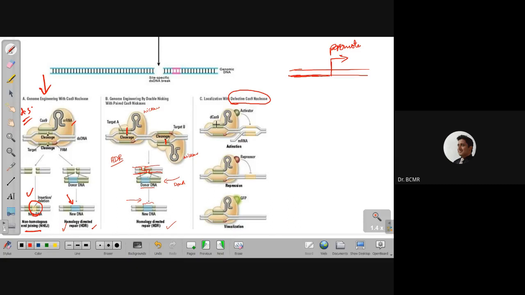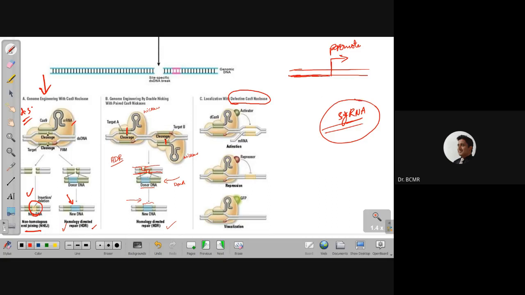When you say defective, that means it can bind to CRISPR RNA, or I will call it sgRNA, single guide RNA, and it can go and bind to the target along with this, but cannot cleave the DNA. No single strand cleavage or no double strand cleavage. So what can it then do?